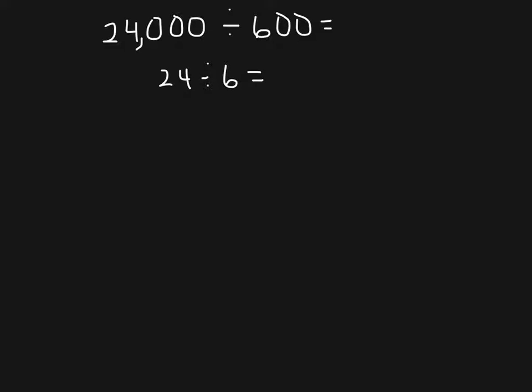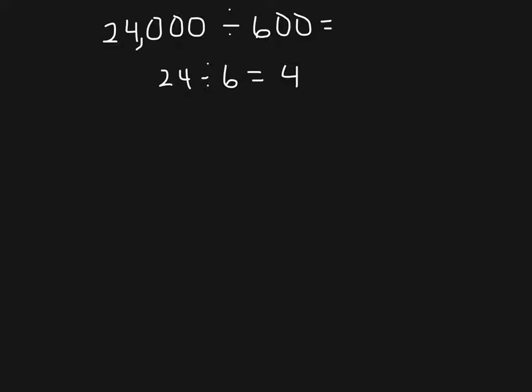And as we all know, 24 divided by 6 equals 4. The problem is we just have to figure out what place that 4 is going to fall in, or what unit we're going to use for the 4.